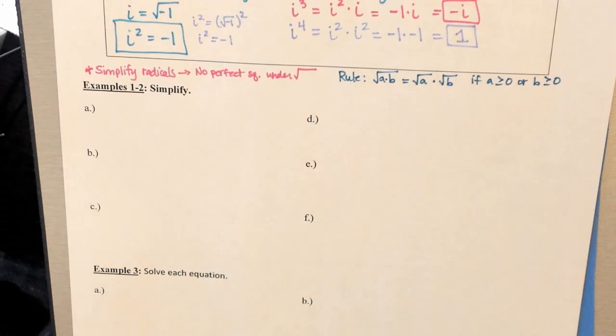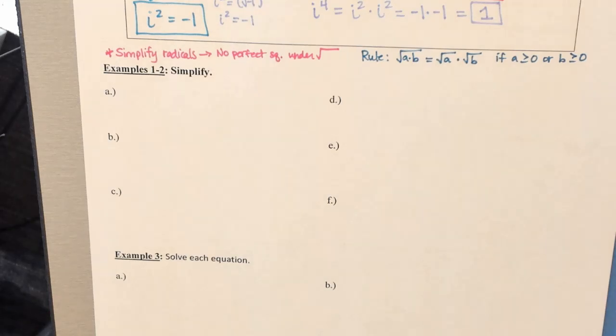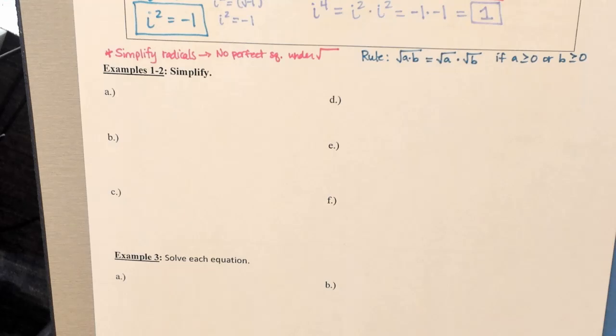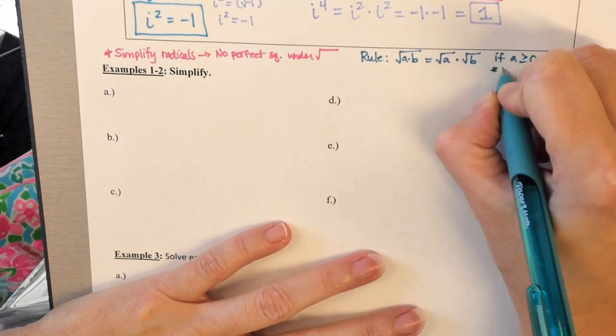They both don't have to be positive because we are going to be doing some simplifying with that, but you can't have two negatives and make it a positive. So it doesn't work if a and b are both negative.